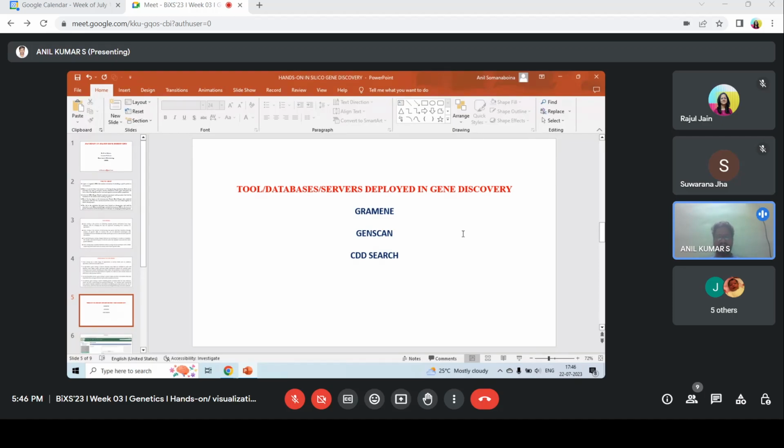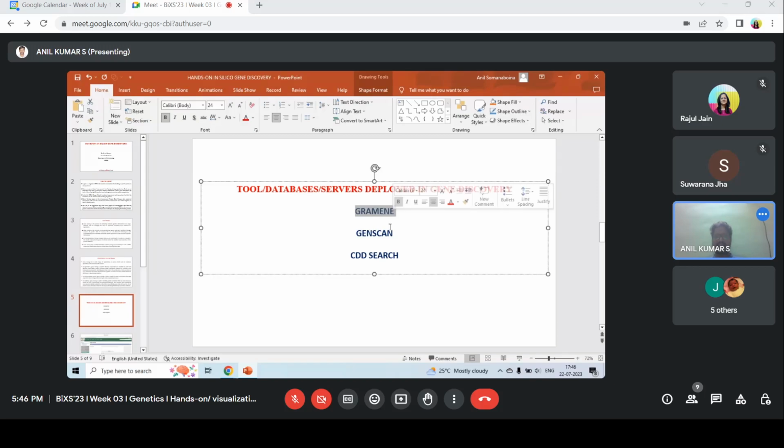I will show you hands-on how to mine the gene, and how to check whether it is the same gene you had mined or not. Mining is nothing but digging the gene, and in this class, I'm going to focus on three things: tools, databases, and servers. The first one is the Gramene database, GenScan is a server, and CDD search is a tool. In this class, I will show you how to work on them.